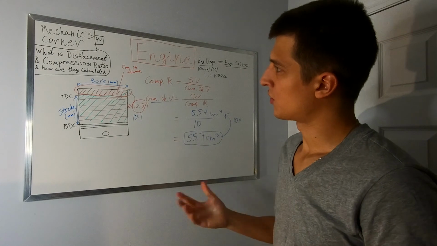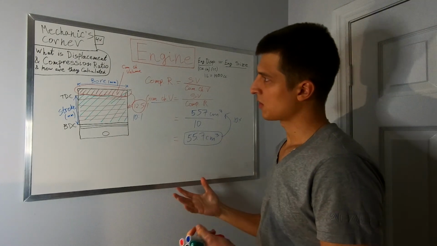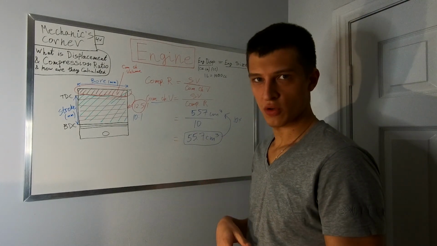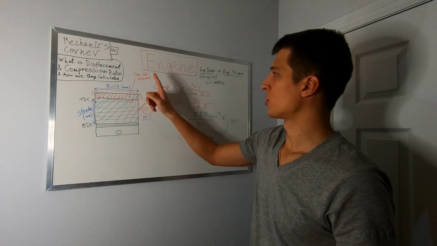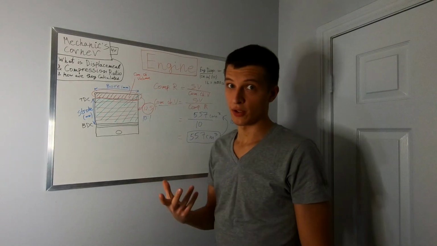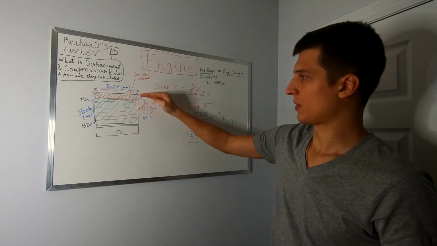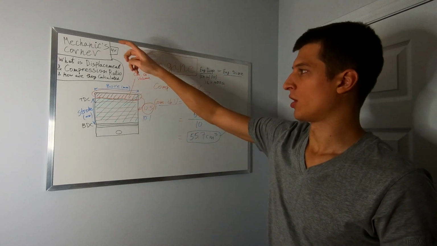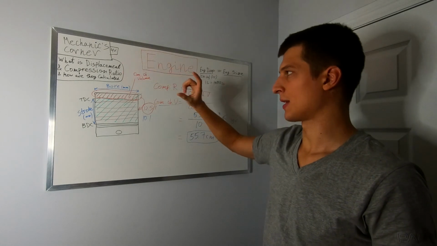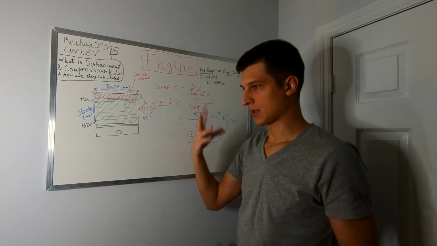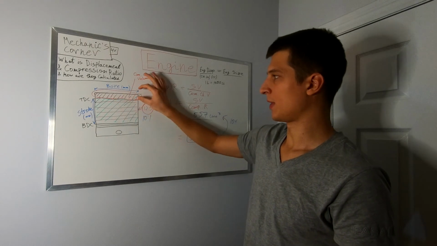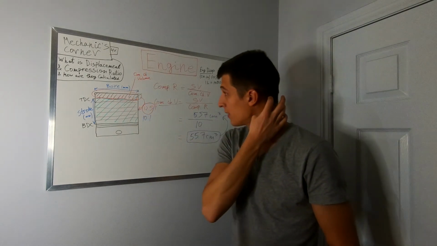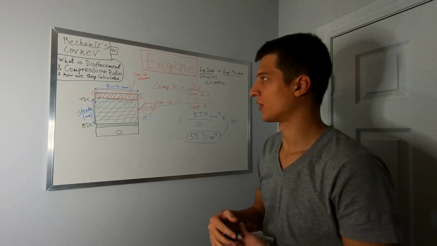And that's pretty much the displacement of the engine and the compression ratio of the engine. Another word for combustion chamber volume is actually the clearance volume, because the piston is at top dead center, both valves are closed, and that's the clearance that's left, because that's the only space between the piston and the valves that's left in the cylinder.